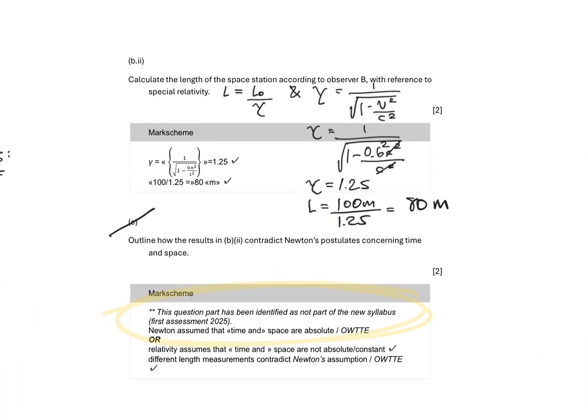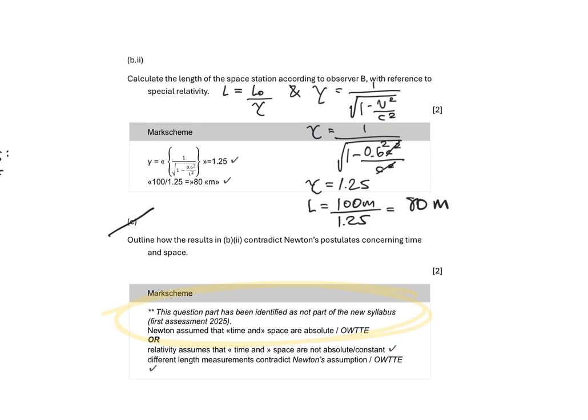Then B(ii) says calculate the length of the space station according to observer B, who's moving, with reference to special relativity. So we can use the length contraction formula for this, where L is equal to proper length over gamma, and gamma is, of course, 1 over radical 1 minus v squared over c squared.